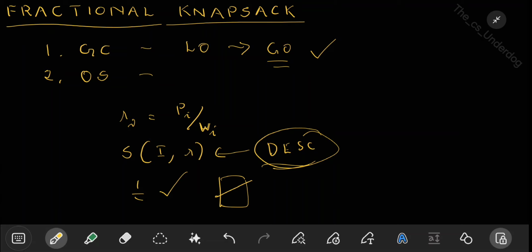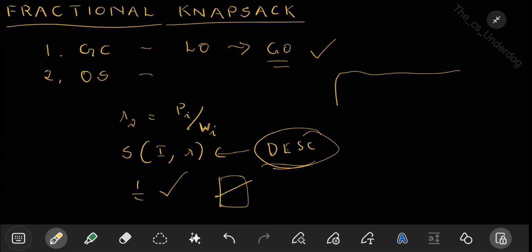So let us say you chose one particular element, which is the first element according to profit by weight ratio. What are you effectively doing here? You are decreasing this problem, or you can say you are creating a sub-problem. The remaining problem is a sub-problem of the original problem.